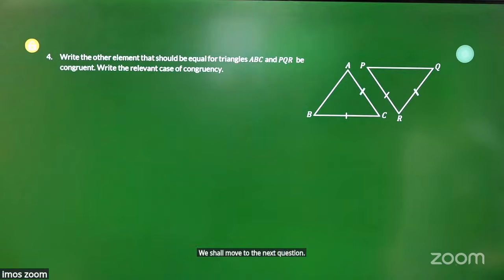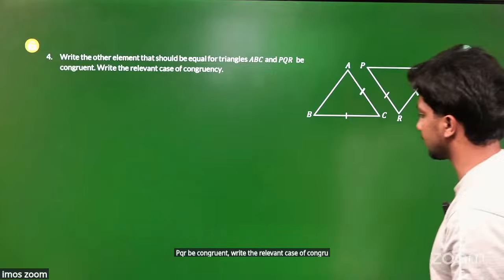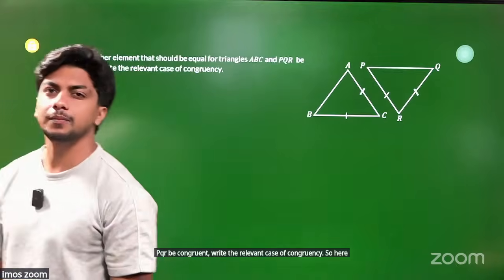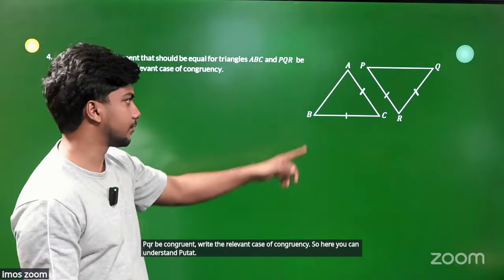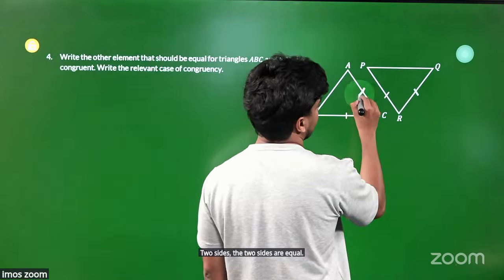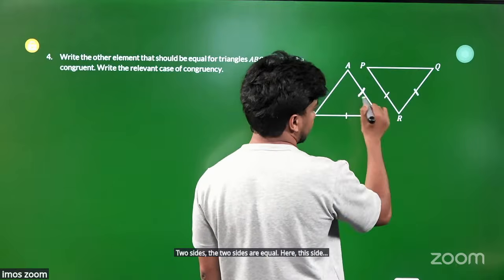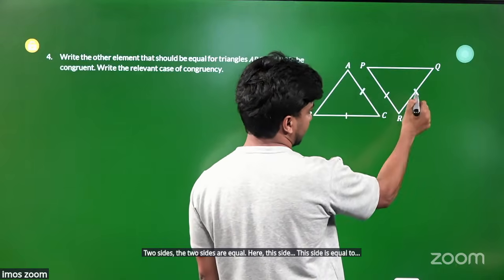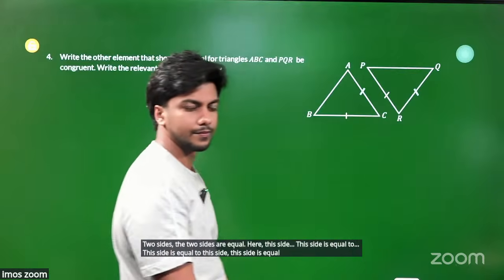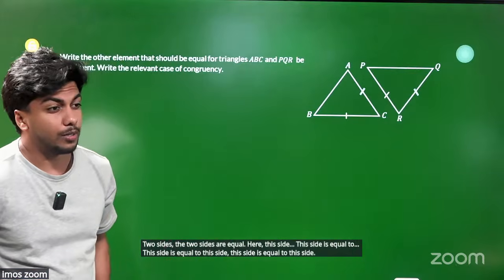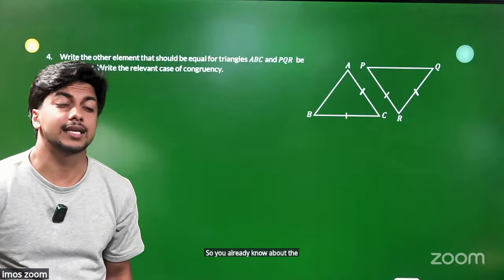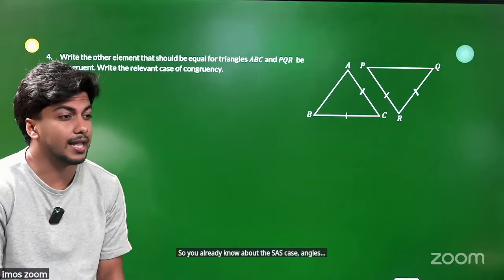Write the other elements that should be equal for the triangles ABC and PQR to be congruent, and write the relevant case of congruency. Here you can understand that two sides are equal: this side is equal to this side, and this side is equal to this side. You already know about the SAS case, the side angle side case.